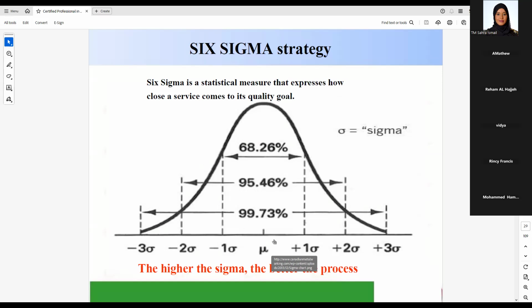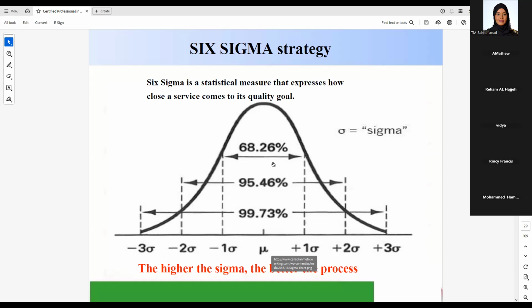Usually 1 sigma is 68.26% of your process limits. And then the 2 sigma is 95.46% of your total population. And then your 3 sigma is going to be 99.73.